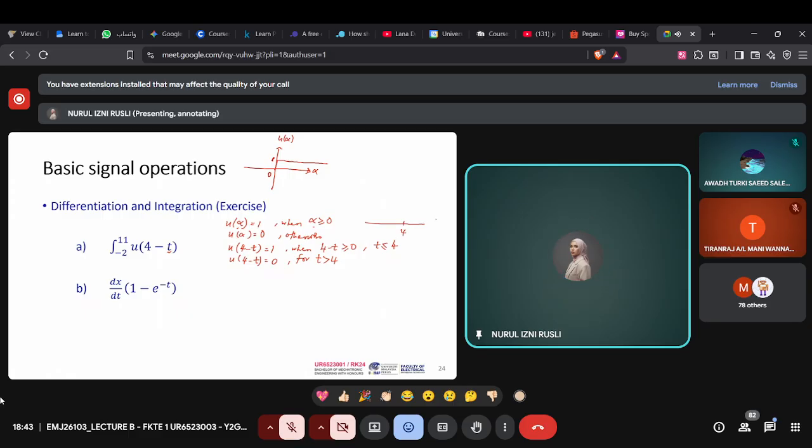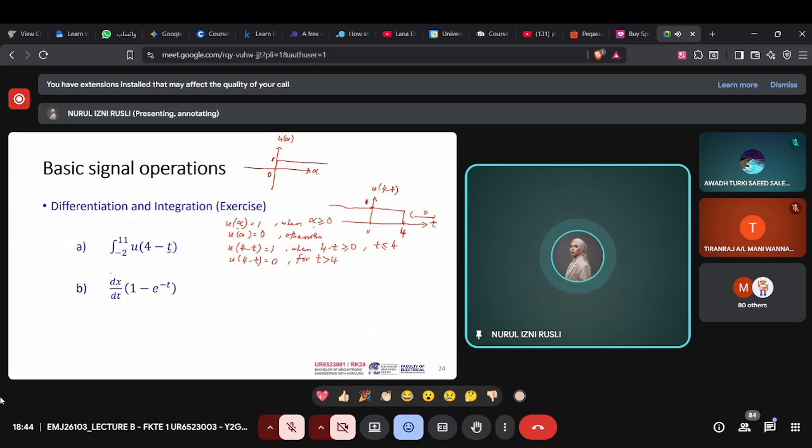You have 4, so you have a signal of 1, this is 0, this is u of 4 minus t, so you have t. So that's why you have a signal equal to 1 here when t is equal to or less than 4, and the other part is 0 for t greater than 4.